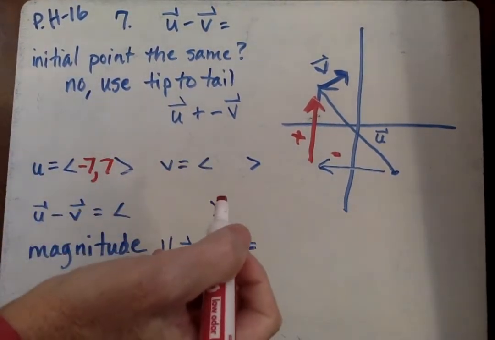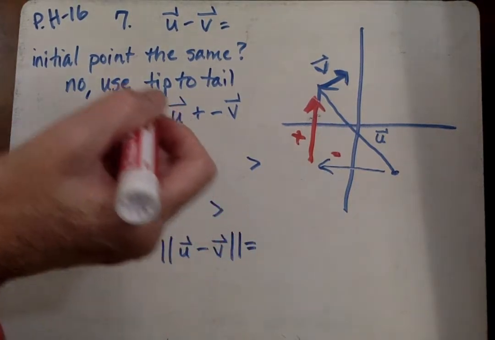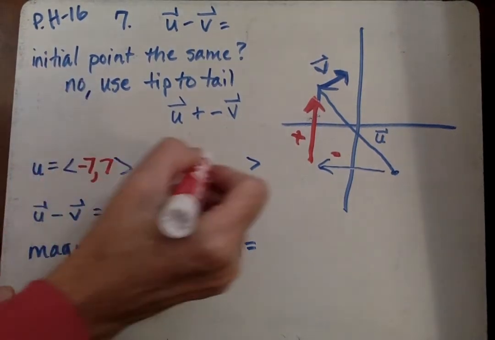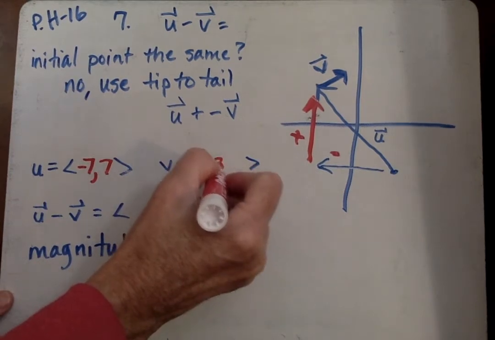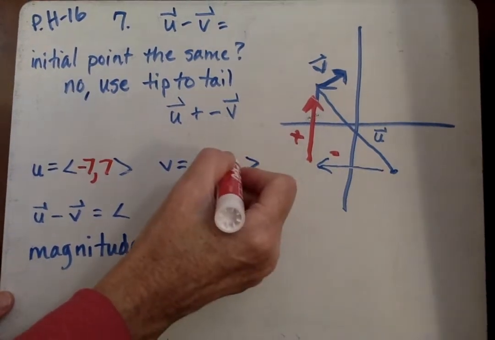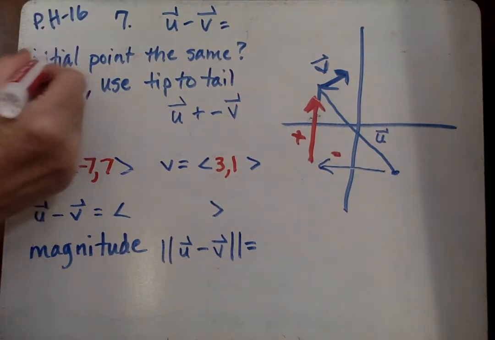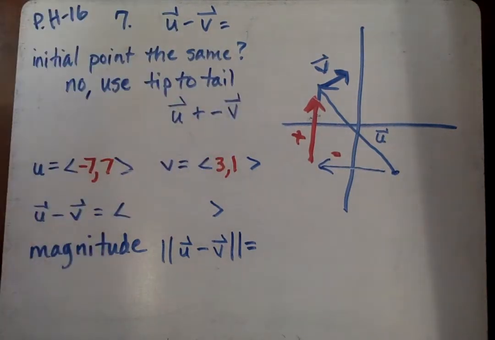Okay, now we say V. What is V? V looks like it goes up. Actually, we have to go right first. 1, 2, 3. And up 1. Okay. All right, so we ask ourselves, is the initial point the same?